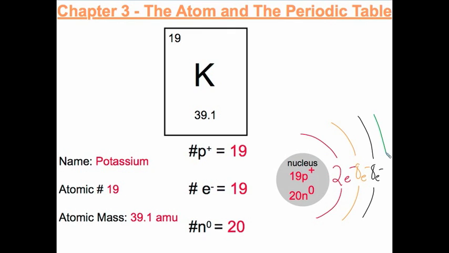That last electron goes into the fourth and final shell. You may have observed that the numbers in the upper right-hand corner are the same as the electrons in each shell.